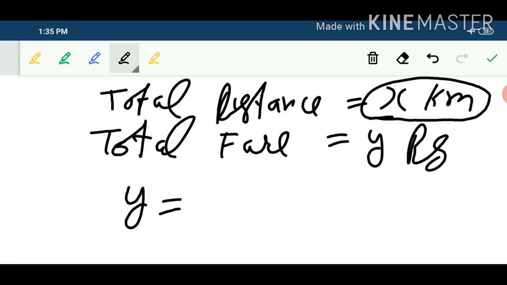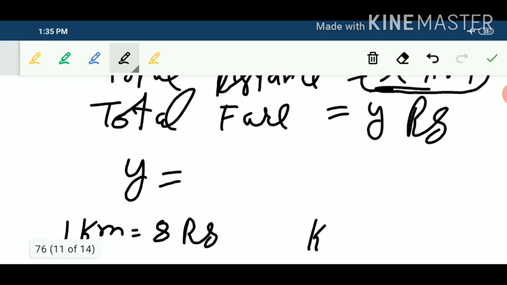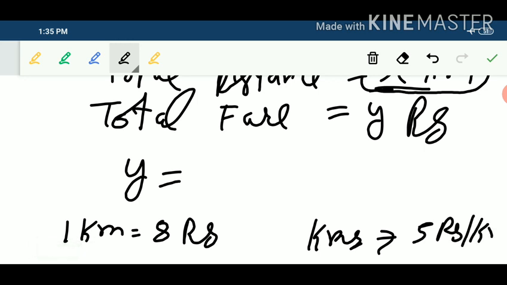As we know, total distance is x kilometers. For the first kilometer, the charge is rupees 8. For the next kilometers, the charge is 5 rupees per kilometer.